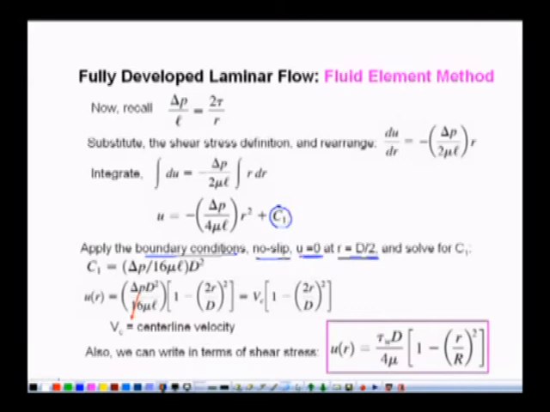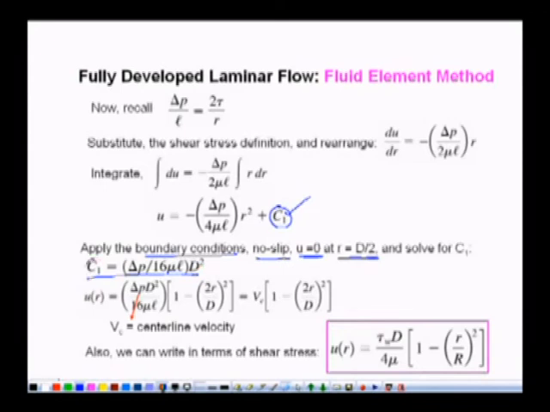So, this constant can be calculated with the help of this boundary condition. When r is equal to D over 2, u is equal to 0. So, substitute this boundary condition and we will get C1 is equal to del P divided by 16 mu L times D square.